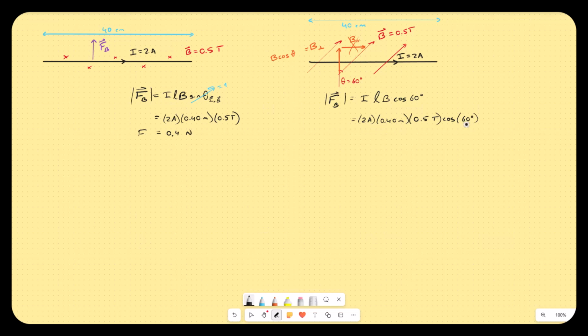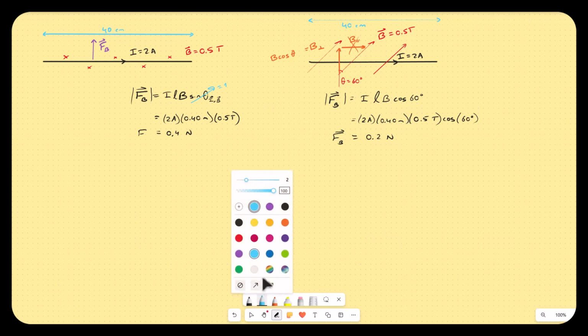Cosine of 60 degrees is a half. 2 times half is 1, times a half is a half, times 0.4 is 0.2 newtons is my force. I didn't care about my parallel component, so really I'm only worried about my perpendicular component.